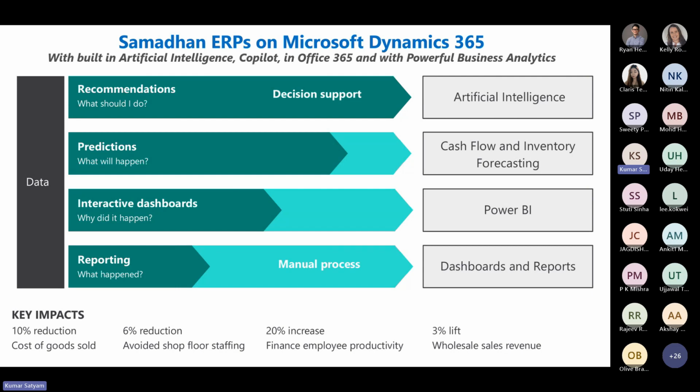You can enhance employee productivity in financial terms by 20%. And there are other enhancements in employee productivity which are intangible, non-financial in nature. Of course, that is there. And there's a 3% lift in wholesale sales revenue. That is also something you achieve with the usage of these ERPs, which are very futuristic.